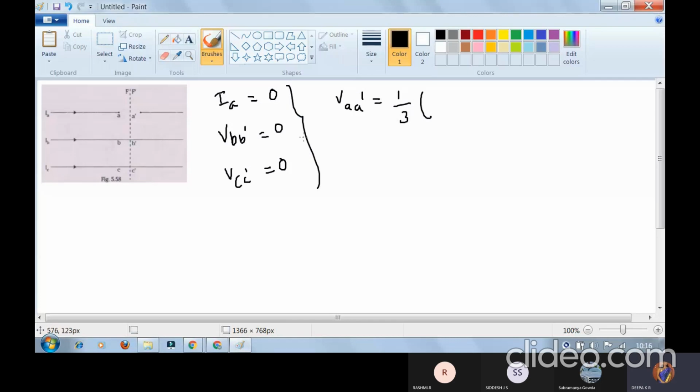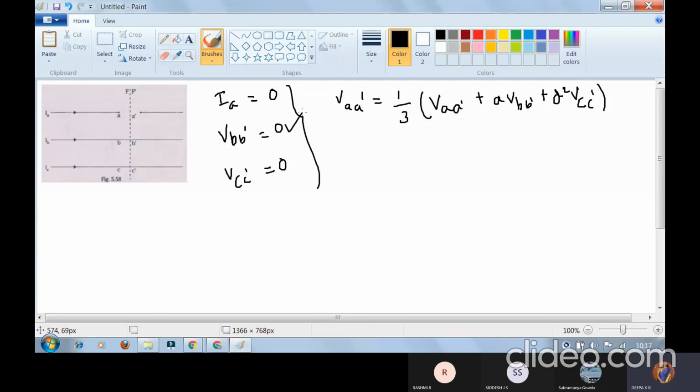So we'll write that as VA dash plus a into VB dash plus a square into VC dash, with a being the operator, because this is symmetrical components, using one by three. Now we are going to do the substitution. What is that VB dash?